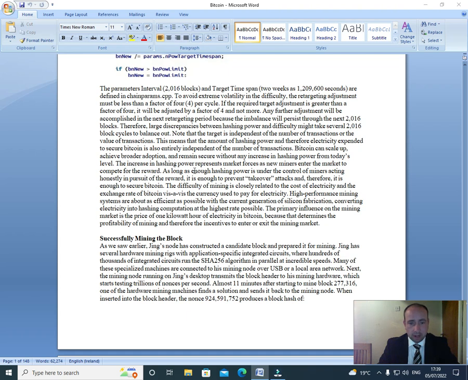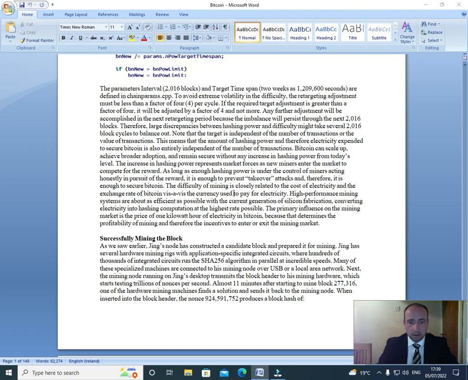The increase in hashing power represents market forces as new miners enter the market to compete for the reward. As long as enough hashing power is under the control of miners acting honestly in pursuit of the reward, it is enough to prevent takeover attacks, and therefore it is enough to secure Bitcoin.